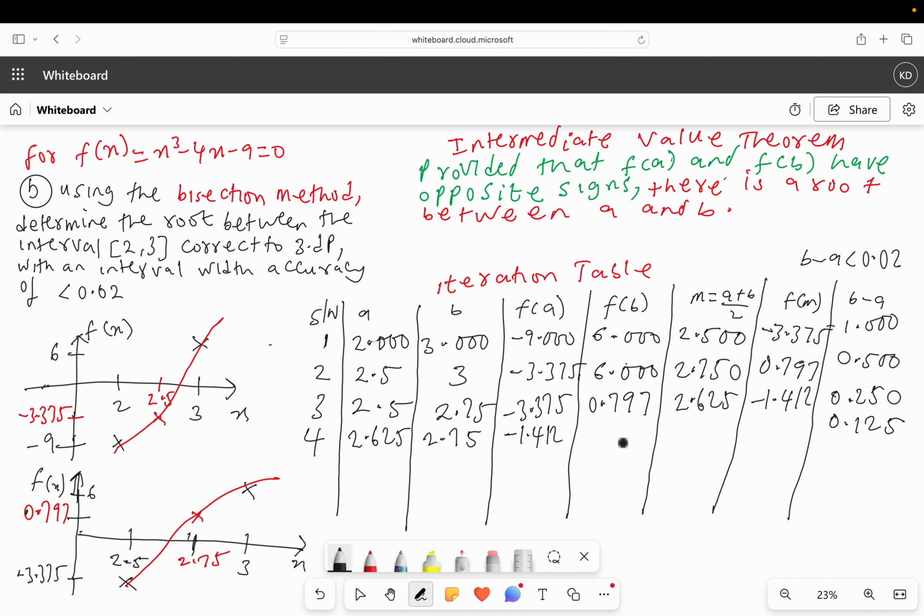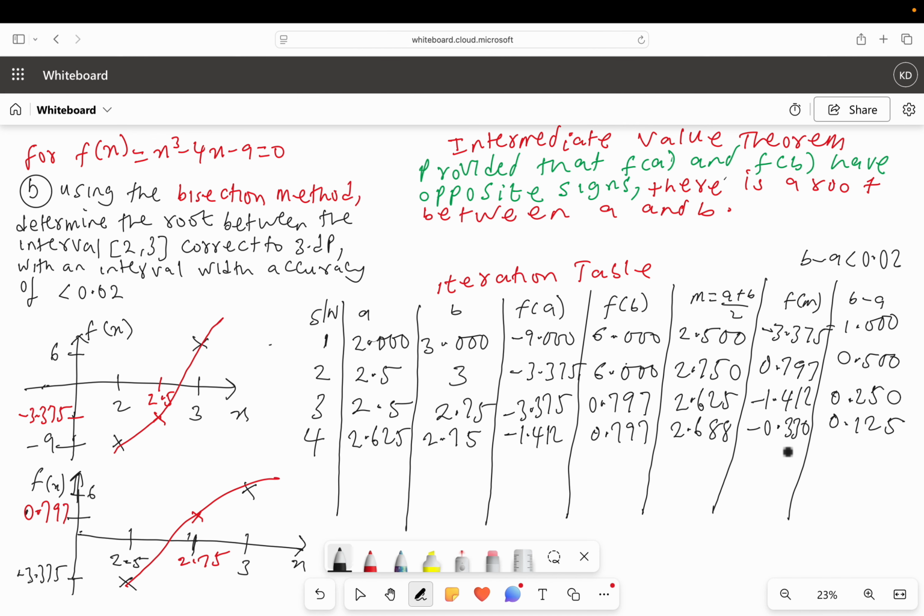Now my f of m is just minus 1.412. My f of b is 0.797. So the midpoint between 2.625 and 2.75 is just 2.688, and f of 2.688 will be minus 0.330.